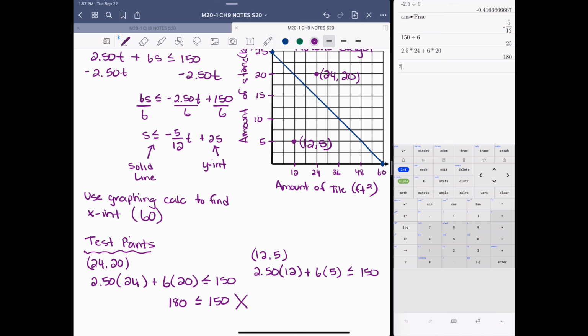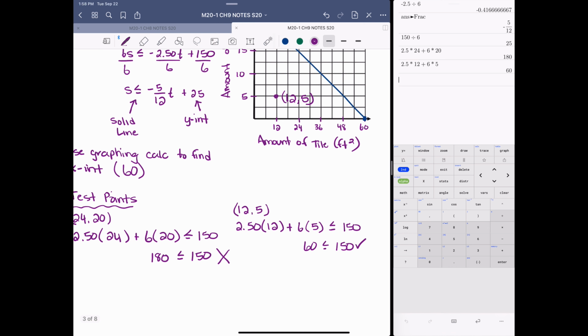Calculate the left side. 2.5 times 12 plus 6 times 5 gives us 60. It's less than or equal to 150. That is true. 60 is smaller than 150, which tells us to shade below the line.